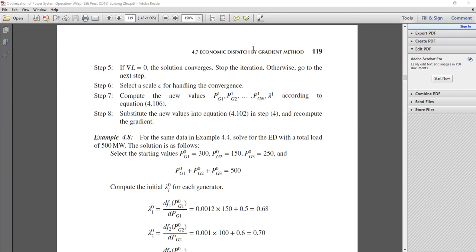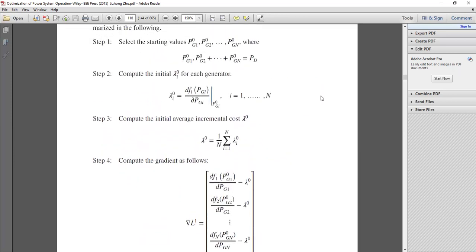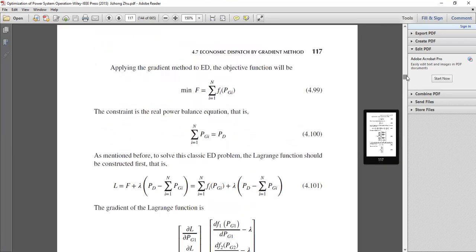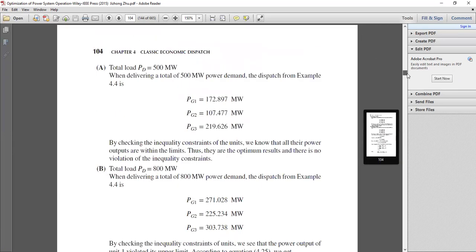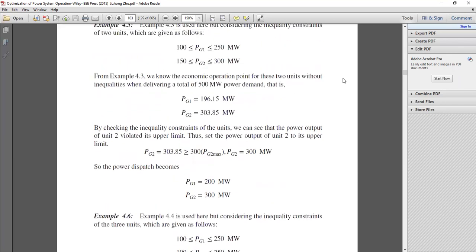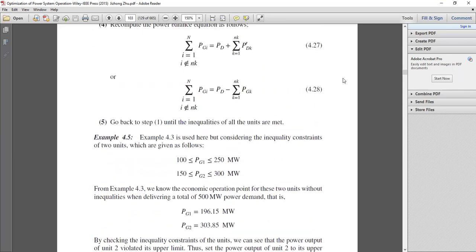Now let's start example 4.8. For this, you have to take the data that was given in example 4.4. So you have to scroll up. What is 4.4? Let's see. This is 4.5.